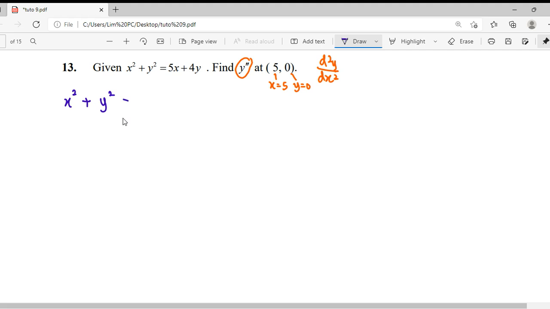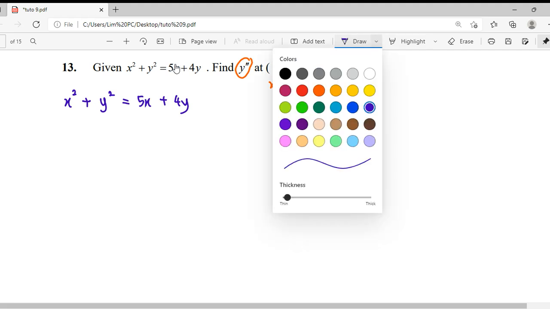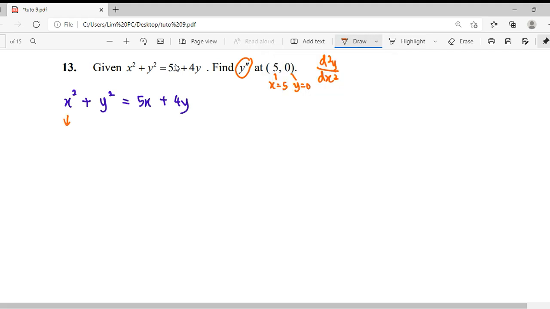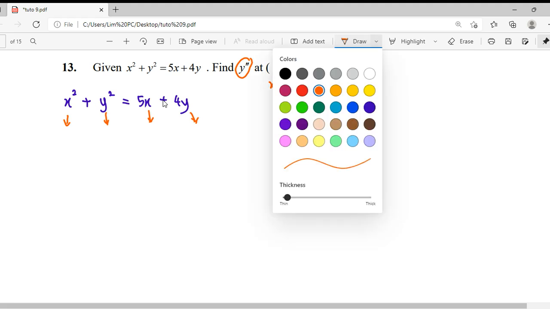Only for a function which is multiplication or division do we have to use the product rule for multiplication, and the quotient rule for a fraction or rational form. Second term equals 5x, consider another term, the third term, and then 4y. So we have four terms here. Differentiate one by one because they are separated by the positive operation.